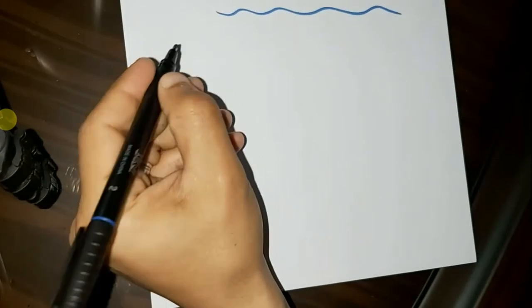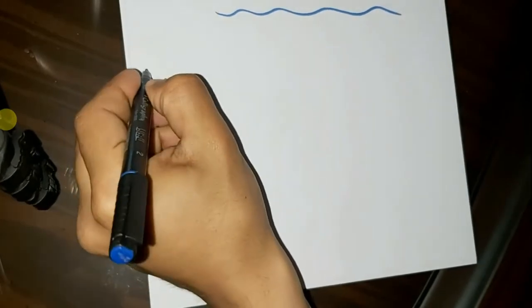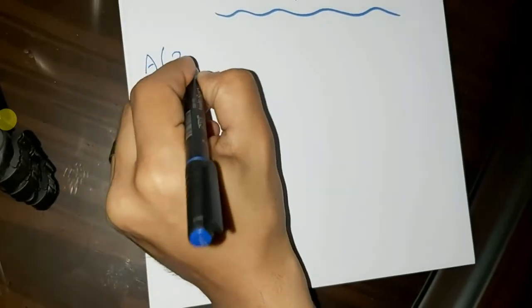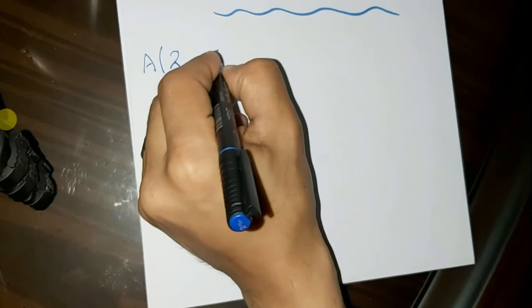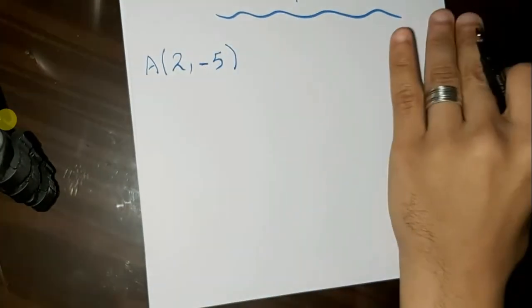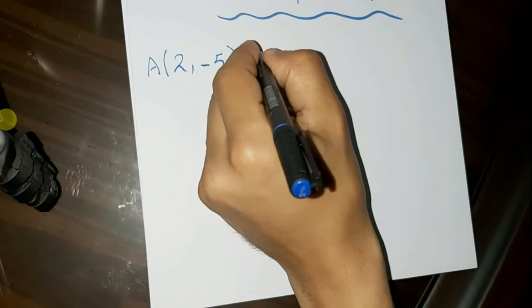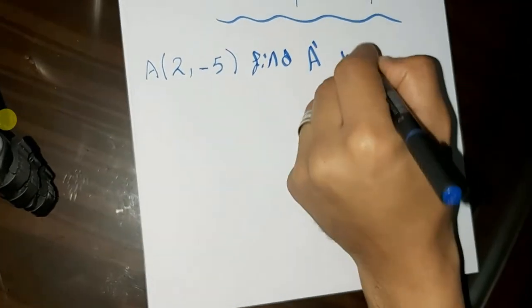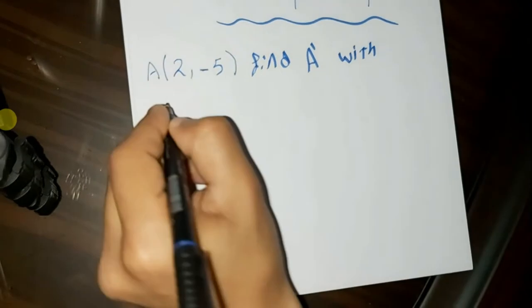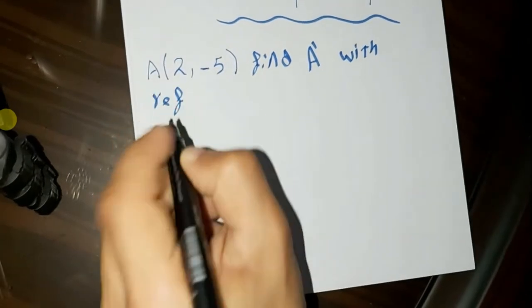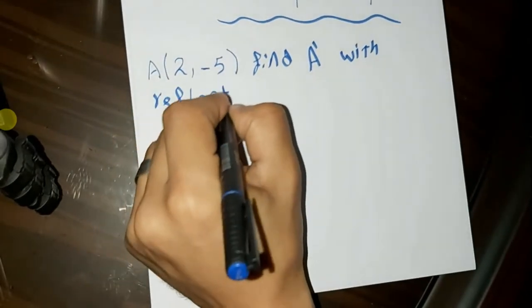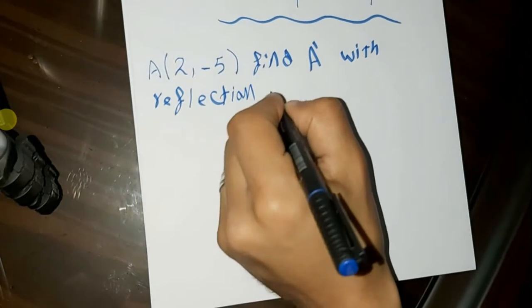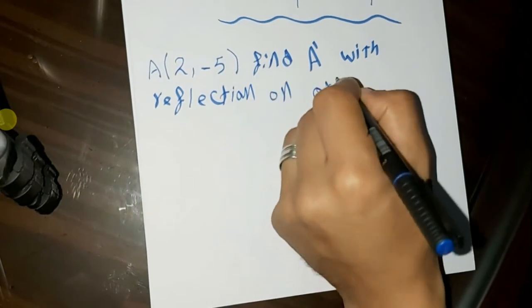If we have A (2, -5), and we want to find its image, A dash, with reflection on the origin point.